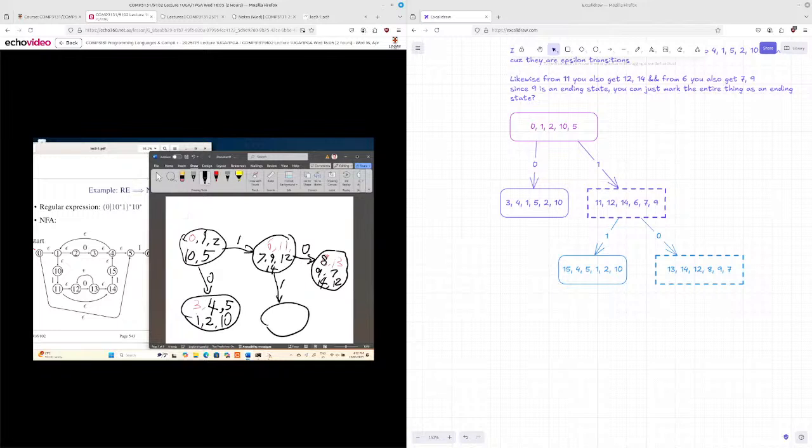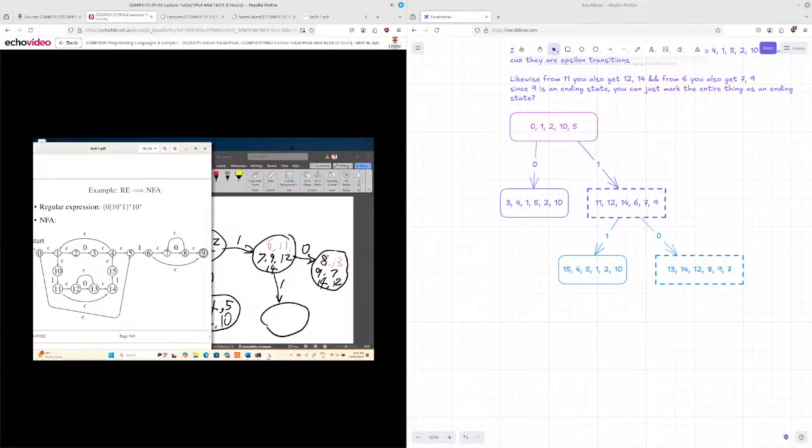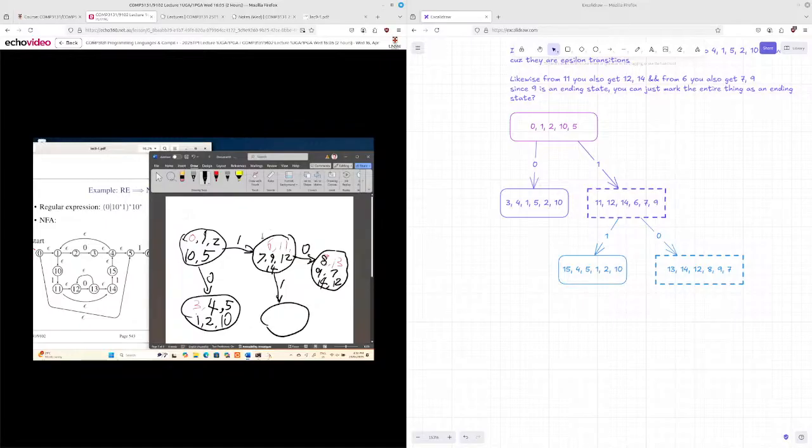Now we look at the states this can reach through a transition labeled 1. It's the same story. We're looking at these 6 states.